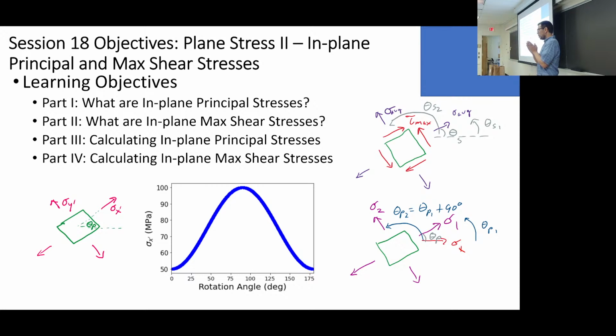And by doing that, then we are able to think about, okay, what amount of rotation is necessary to get to these states of stress that are critical for us to understand whether or not a structure is going to fail. Okay.